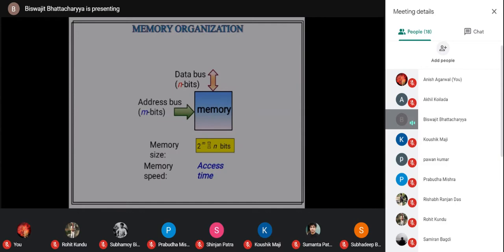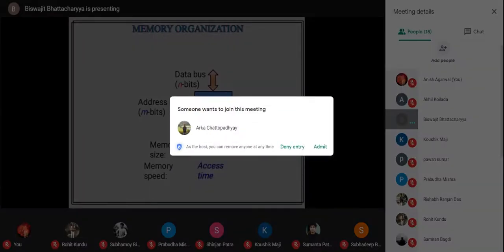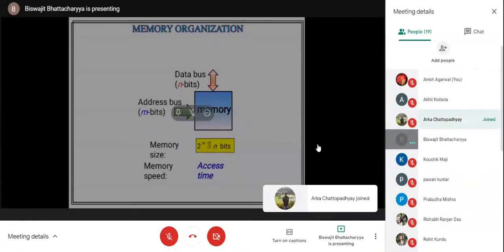Now for each particular location, as identified or addressed by the address bus, there can be data of 8-bit length. So 8-bit data exists in every location, and how many locations?